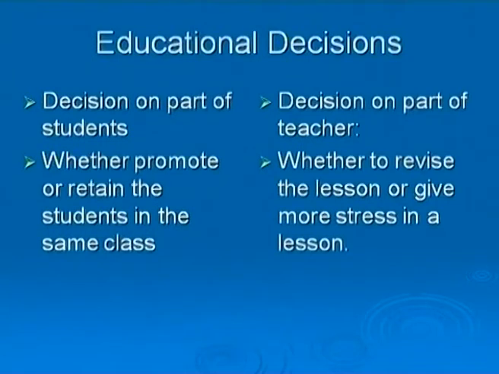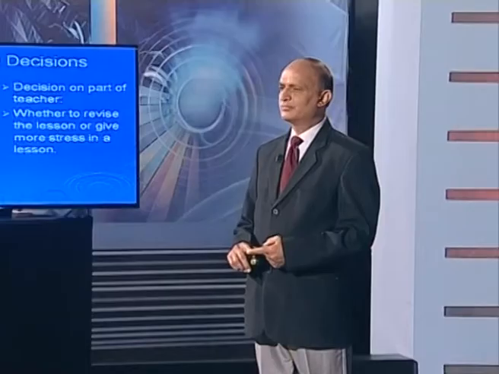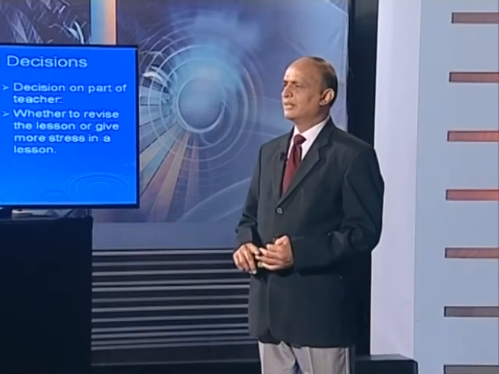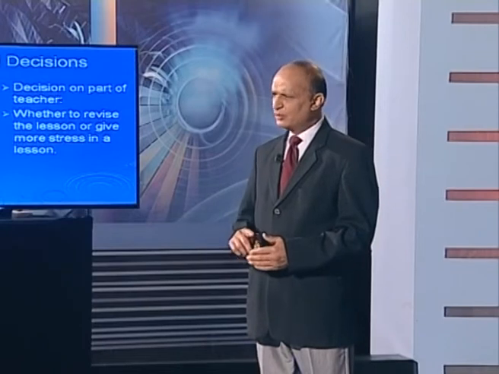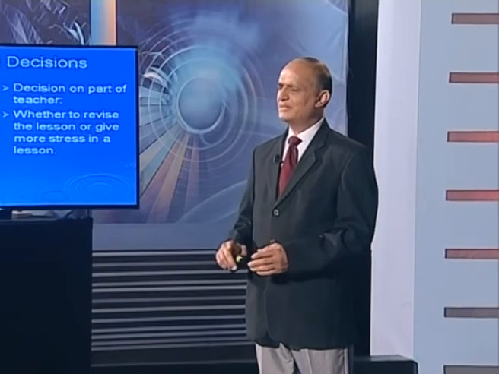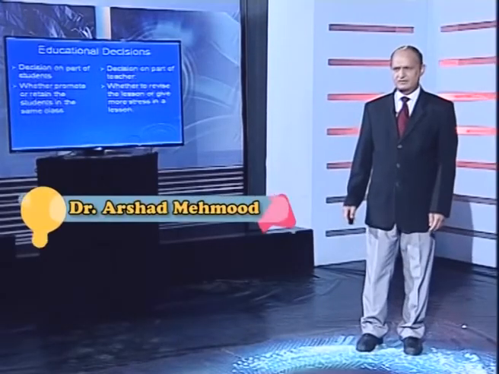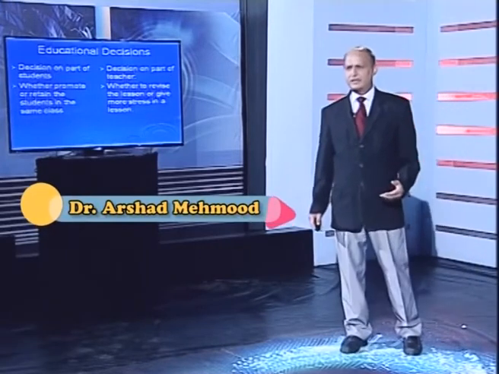Next are educational decisions: decisions on the part of students and decisions on the part of the teacher. On the part of the student: what they have learned, what their achievement level is, and then, on the basis of the information obtained through the testing and assessment process, whether students are promoted or retained in the same class.